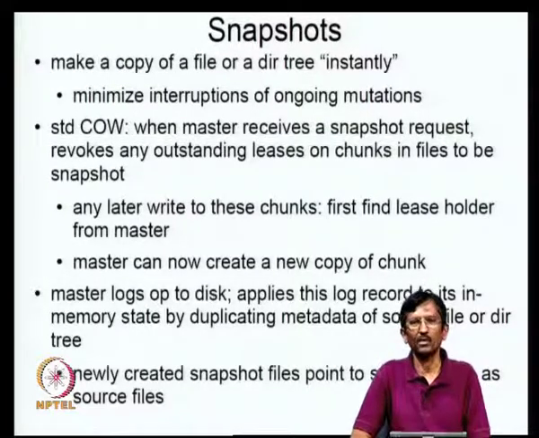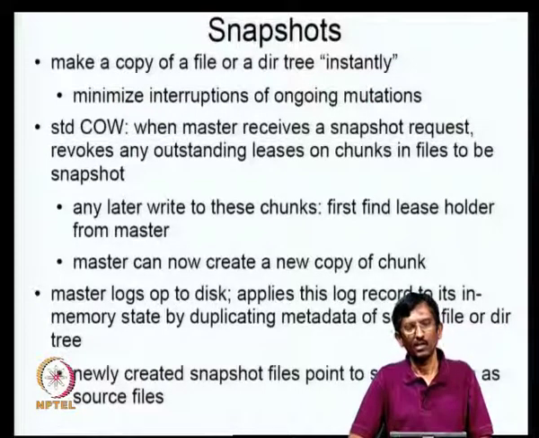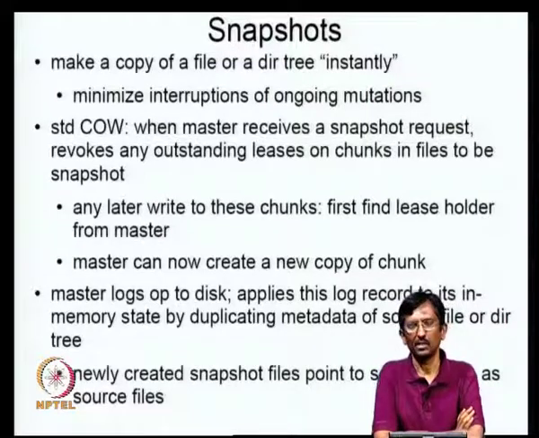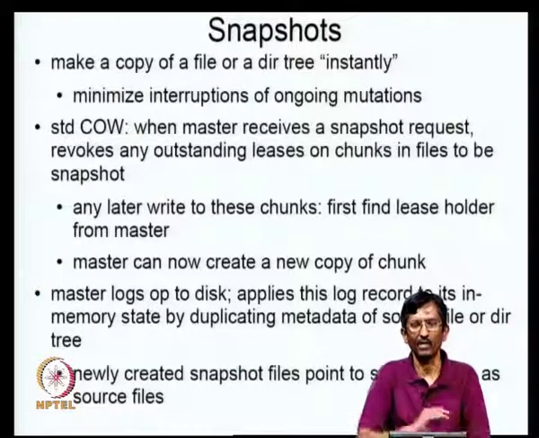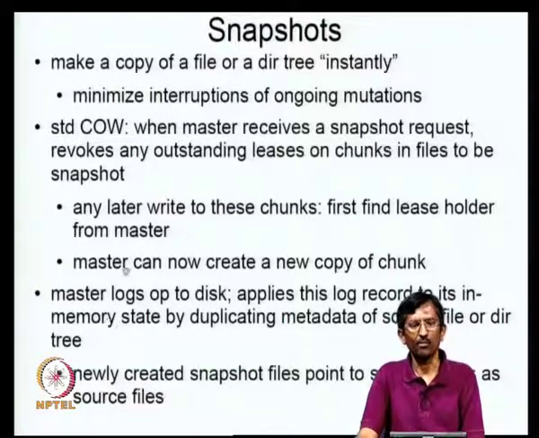So another thing that GFS provides is something called snapshots, and this is needed for the standard reasons why snapshots are useful. You want to make a copy of a file or a directory. It could be for backup, or because you want to make some complex modifications and it's not clear that they will go through successfully.